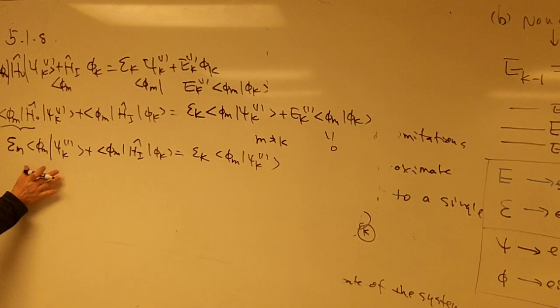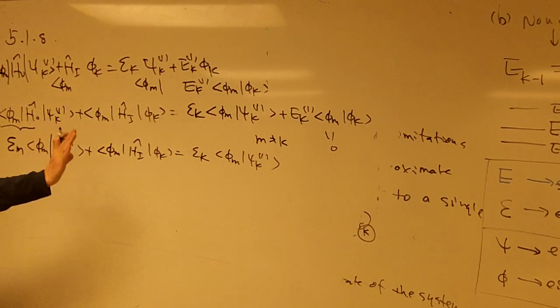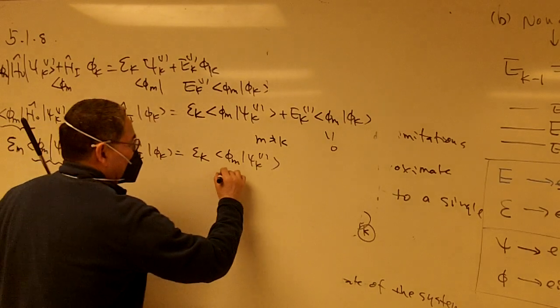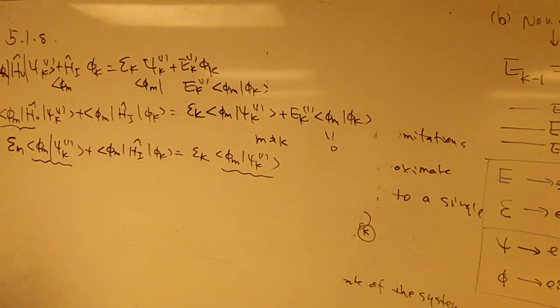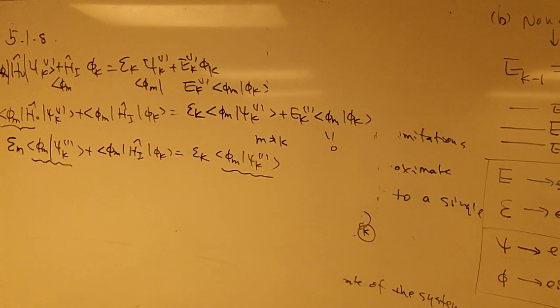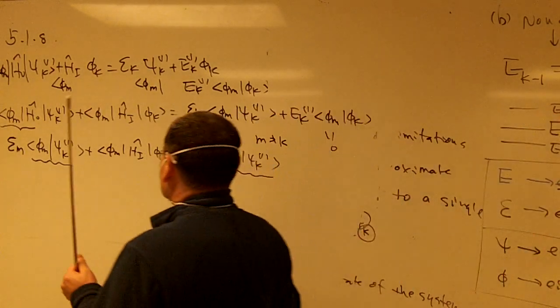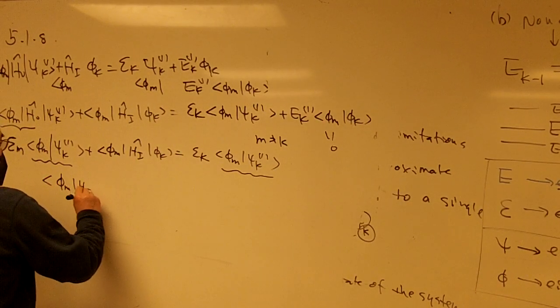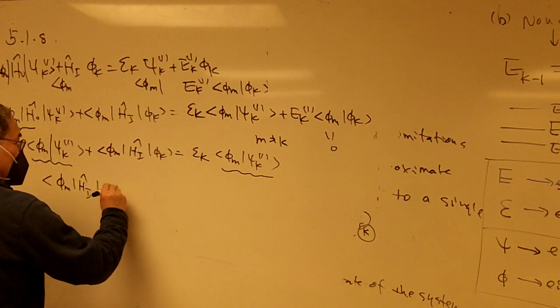What I did was move this term to the right-hand side. Did you see? These two parts are exactly the same. There's no difference. And this part, so I combine these two together, and that is what we have. That's a phi m h hat phi k.